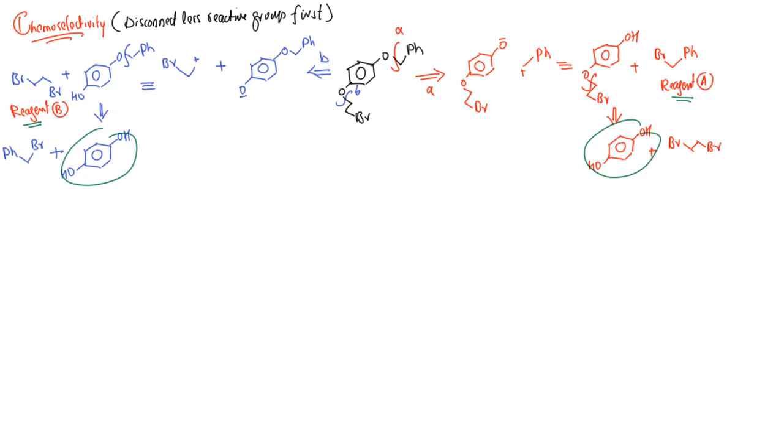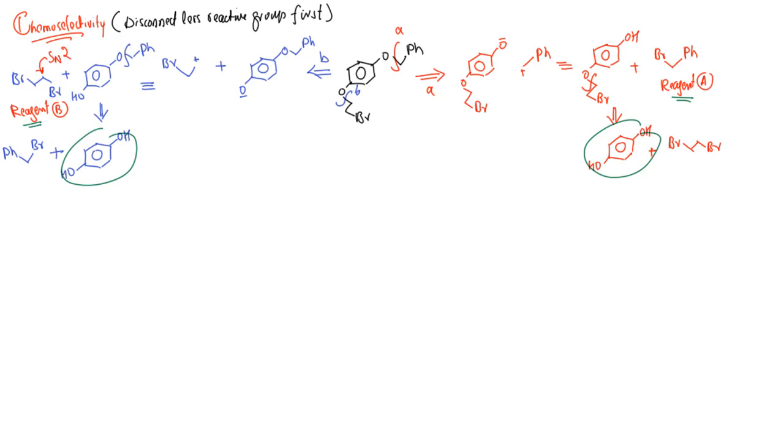Now the question is which reagent is more reactive, reagent A or B. Here reagent B is more reactive, because this is the carbon atom where an SN2 reaction is performed by the phenoxide ion.